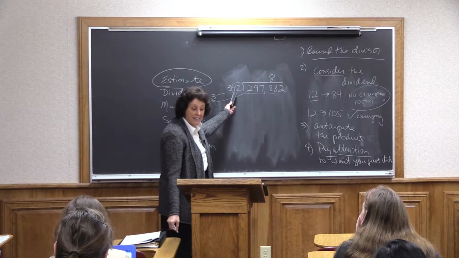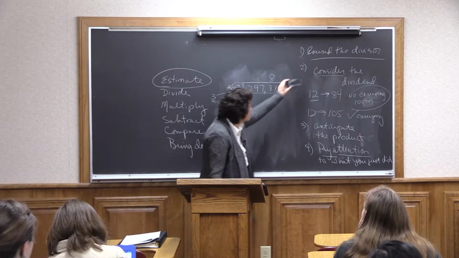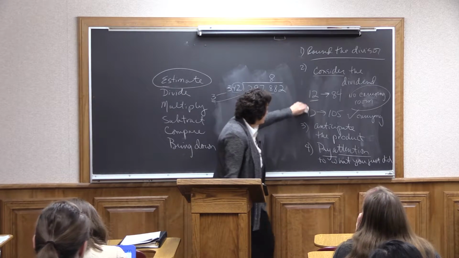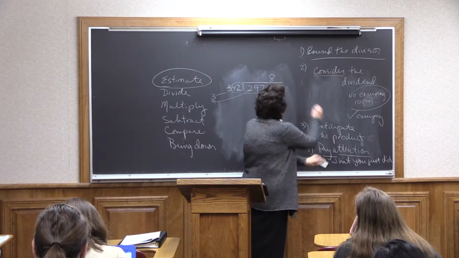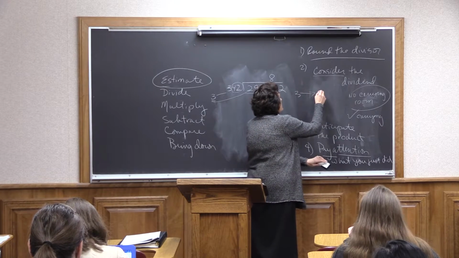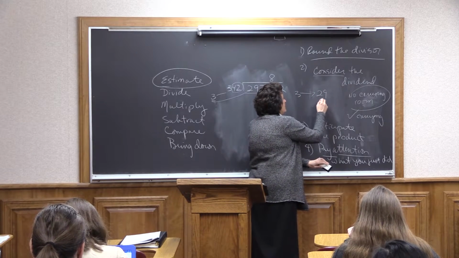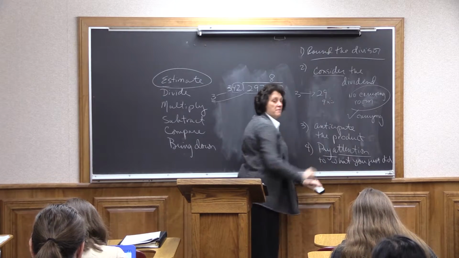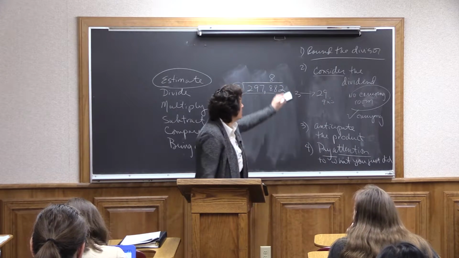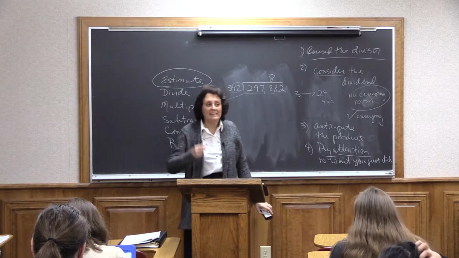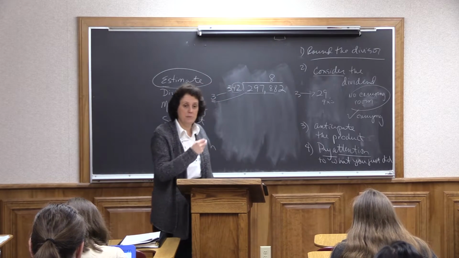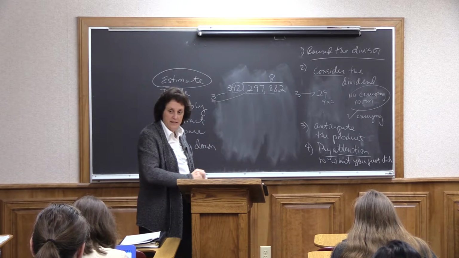Not enough carrying room, so I have to consider the dividend. Yes, it's true that 3 goes into 29 9 times, but I'm very suspicious because the more I round, the less and less accurate my estimate becomes. I will not waste time on 9.